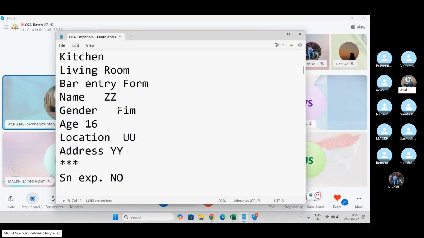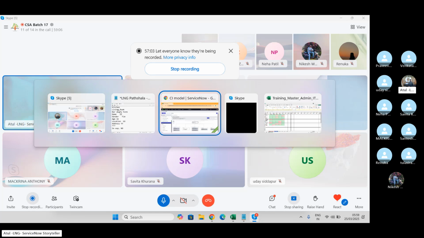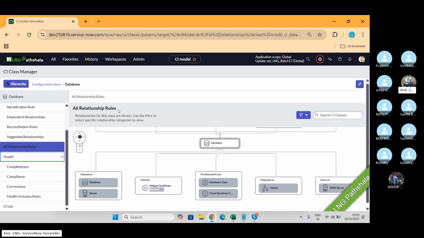What is your homework for today? Your homework for today is to read about the CMDB only: CMDB basics, classes, relationships, health, the three C's. Because this is important to understand.